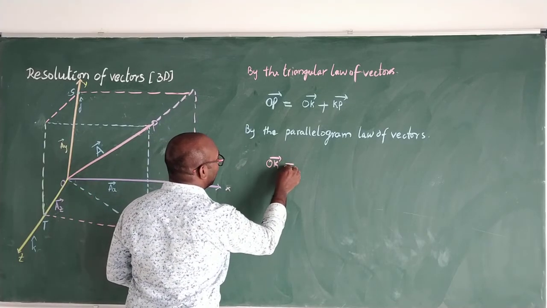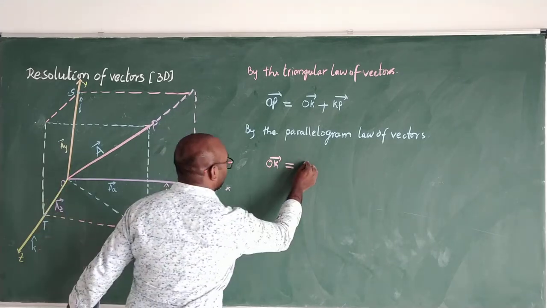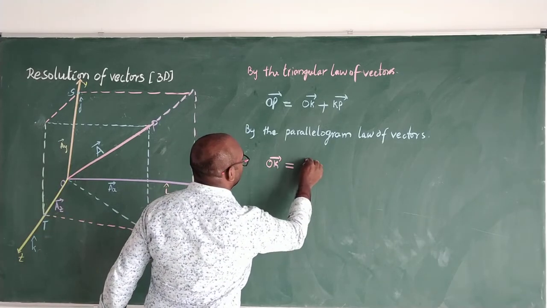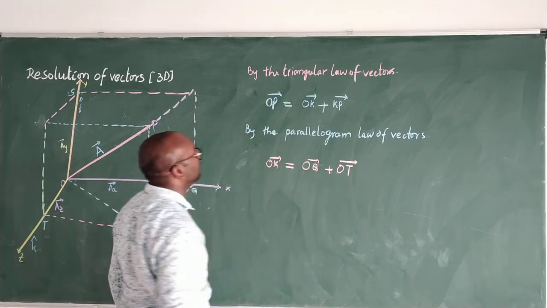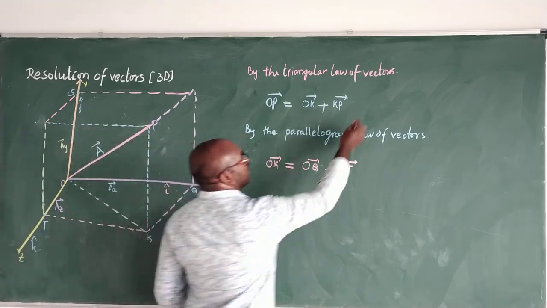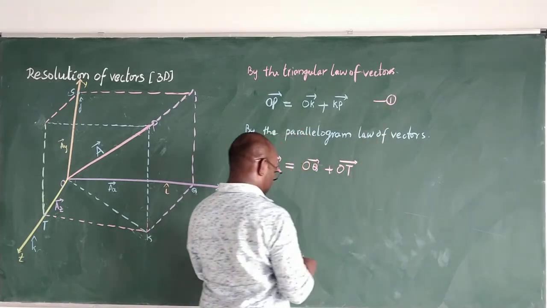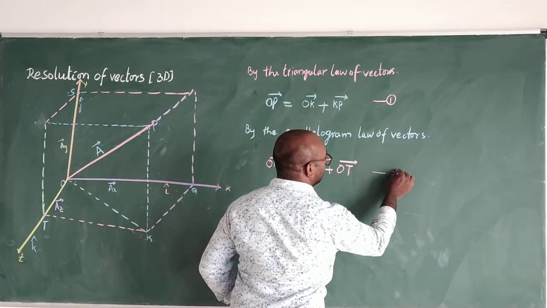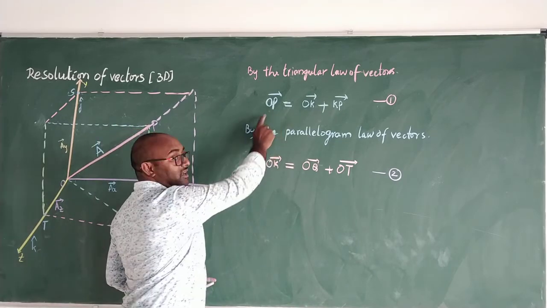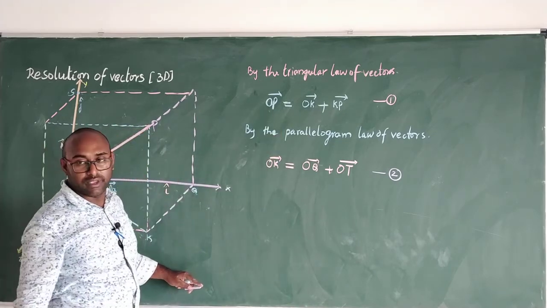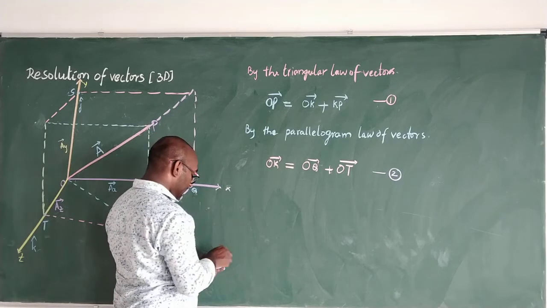OK is equal to, please listen once, write down, OQ plus OT, right? Now this I am taking as equation 1 and this I am taking as equation 2. Now if you see 1 and 2, in equation 1 OP is equal to OK plus KP.